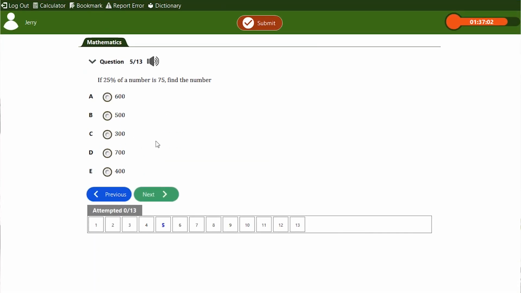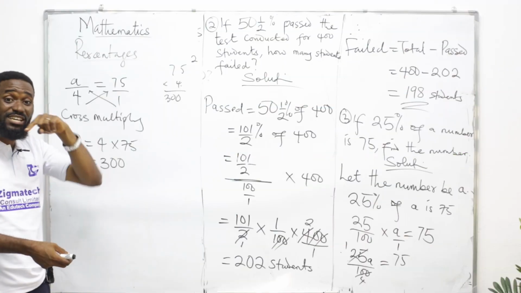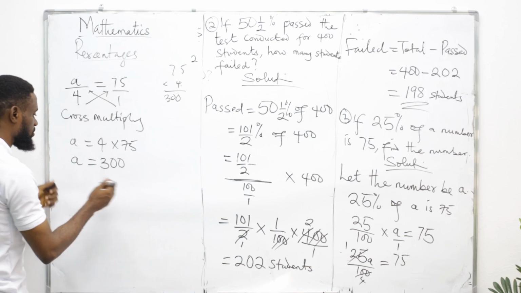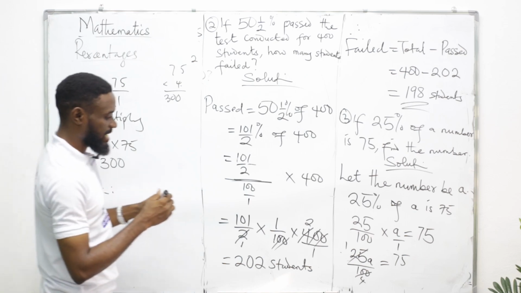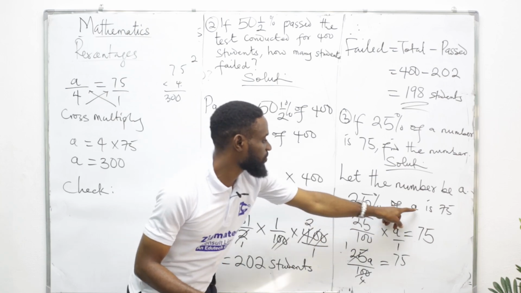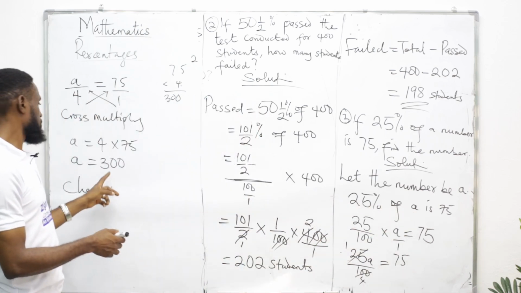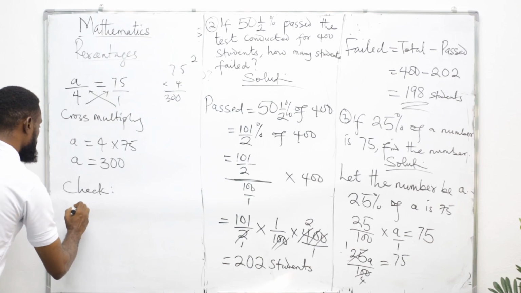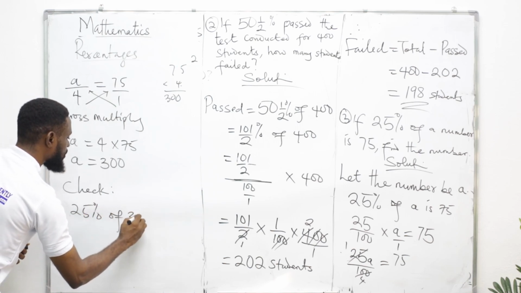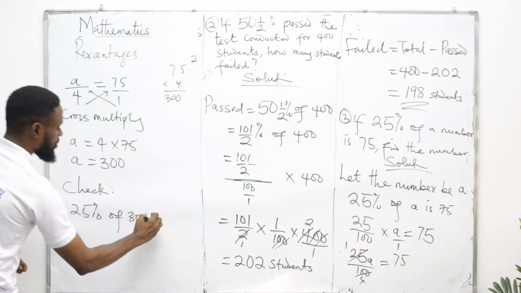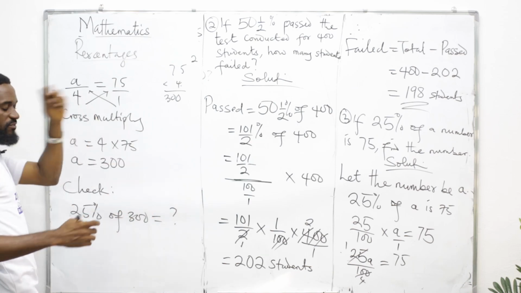We can now check 25% of A, which is 300, to see if it will give us 75. Since we said that 25% of A, and our A is 300, it means 25% of 300. Let's see if it will give us 75.